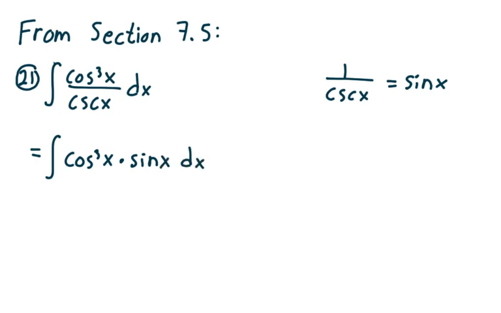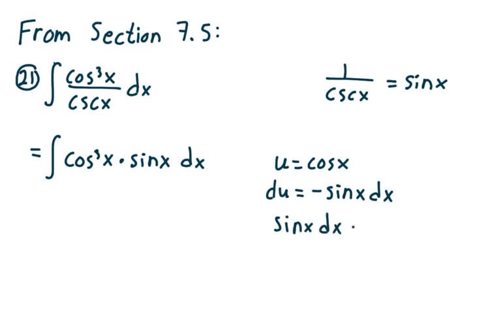Now, this can be done by u substitution. So I'm going to let u equal cosine of x. du is negative sine of x dx. And so sine of x dx is negative du.